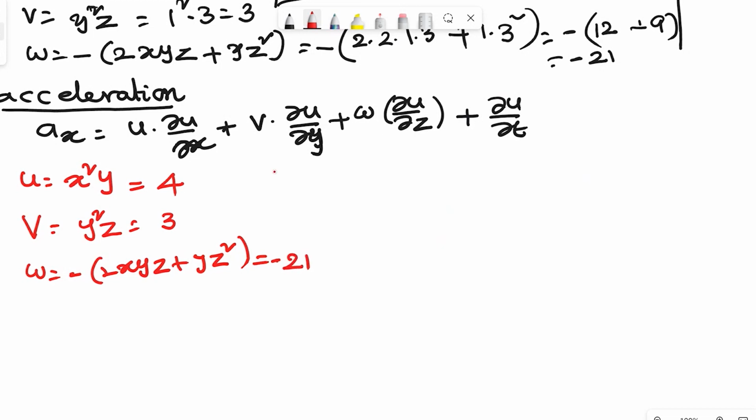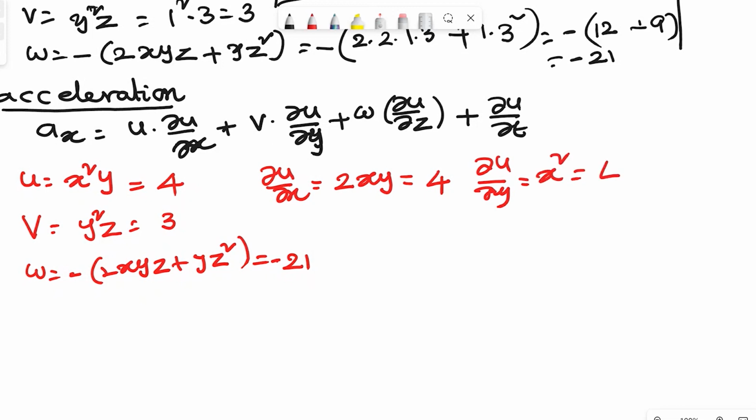So now next our target is dou u by dou x. Dou u by dou x is equal to 2xy. So 2xy is equal to 2 into 1, 4. Then dou u by dou y is equal to x square, which is equal to 4.